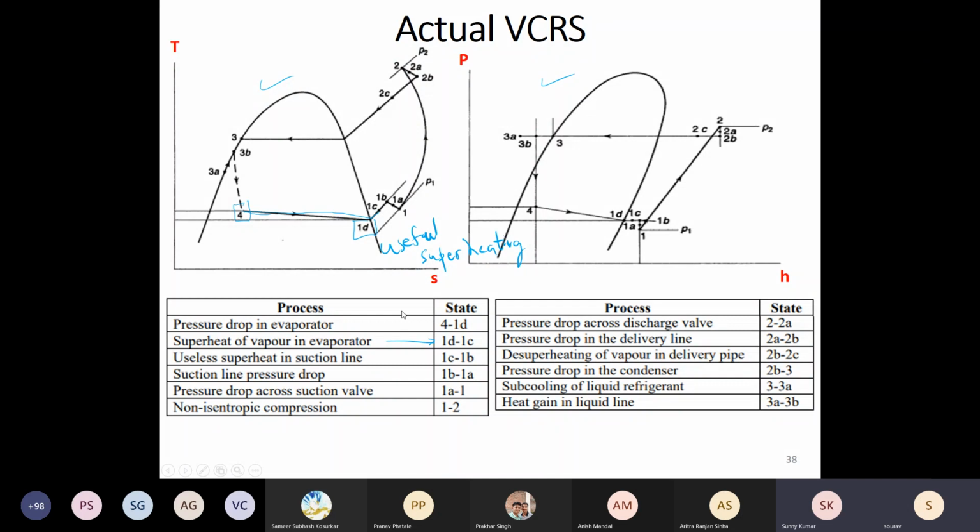Then as the connecting pipeline goes to the outdoor unit, in case of a split AC, you may have some useless superheat. So this line shows the useless superheat. Then when the vapor enters the compressor chamber, so this is your positive displacement compressor, reciprocating type, you have two valves. So this valve has to be pushed down in order for the vapor to enter. In pushing down this valve also, the vapor has to do some work, and that will lead to some pressure drop across it.